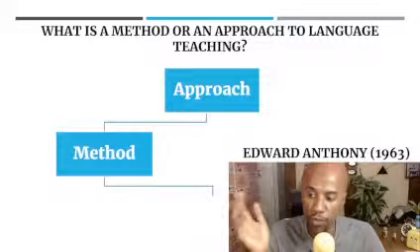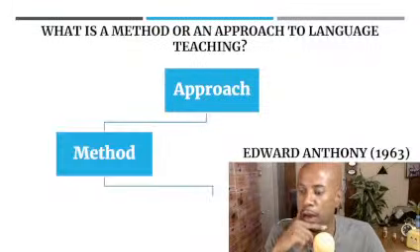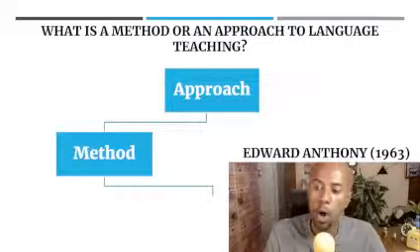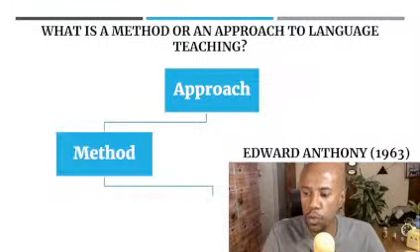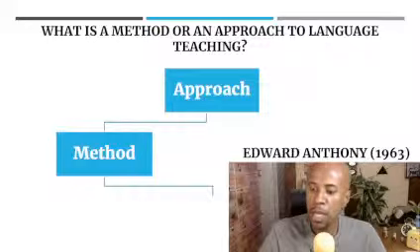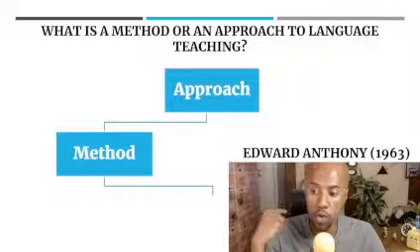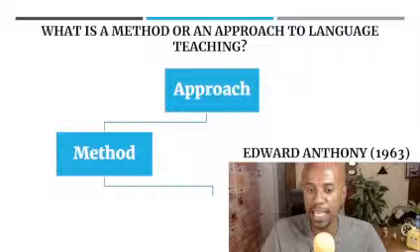Examples of that can be found in methods such as the Silent Way, Community Language Learning, or Suggestopedia, all of which we are going to see together at one point in our lecture. So a method is more specific than an approach, but less specific than a technique.